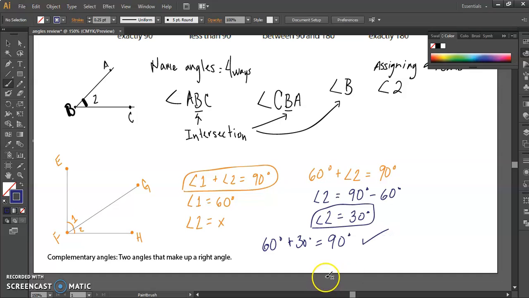So I know this is correct. Okay, so whenever you're given a value of one of the angles, you can find the other measure with complementary angles by subtracting the value of the original one from 90 degrees. Okay, let's try another example.